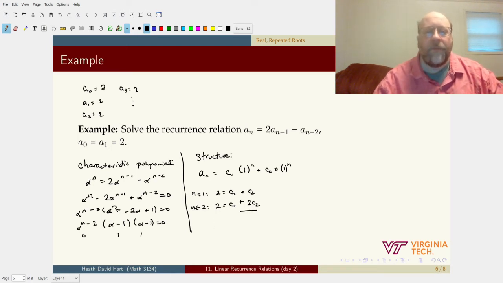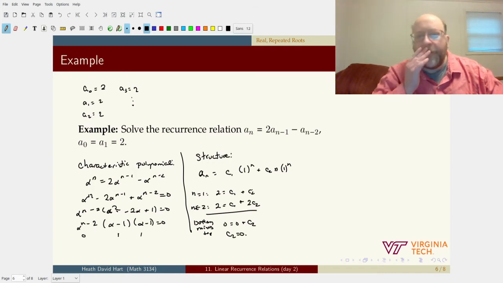All right, if I do this again, bottom minus top, 2 minus 2 is 0. C1 minus C1 is 0. 2C2 minus C2 is C2. And so C2 is equal to 0. But if C2 is equal to 0, then C1 has to equal 2.